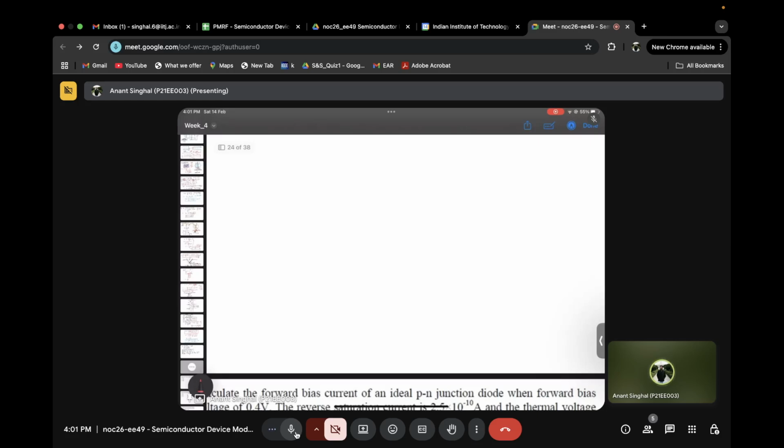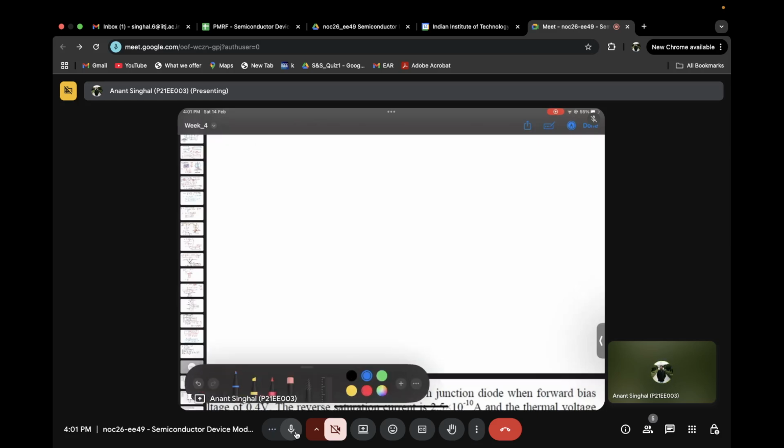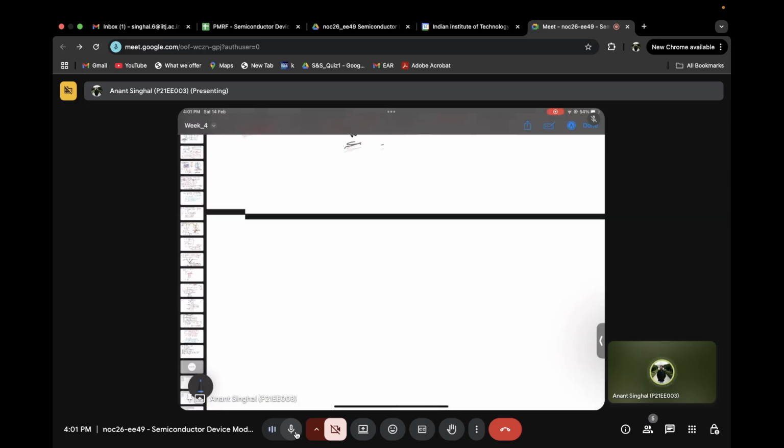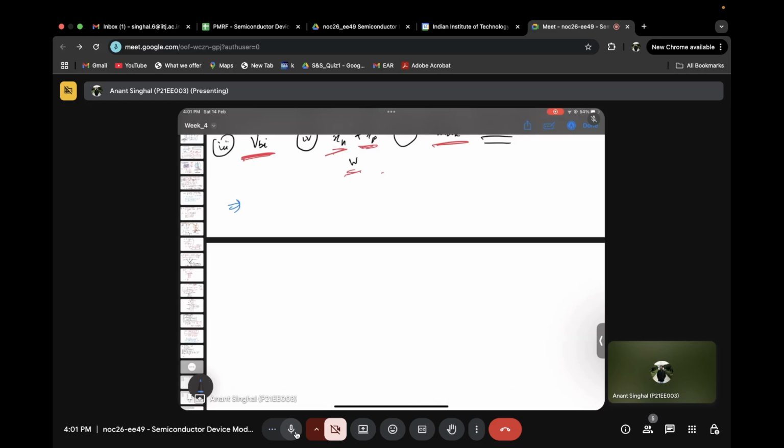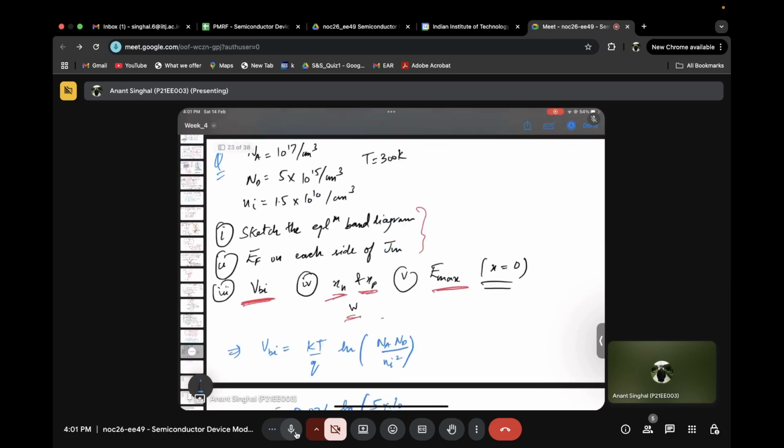Let me do it side by side. So to first calculate the VBI, we'll have phi p and phi n, and then we can calculate, sorry. So VBI is nothing but KT by Q ln Na Nd over Ni square. So we have every value, so it should be 0.026 ln. So this is 5 times 10 to the power 32.